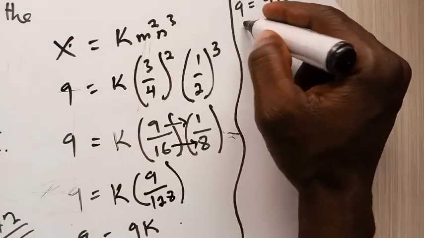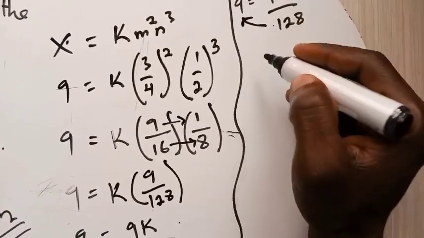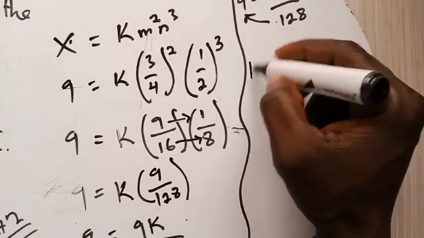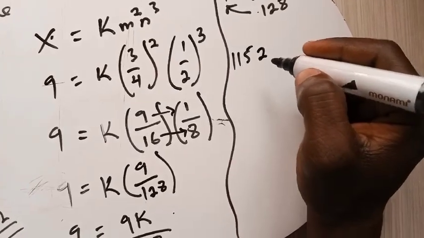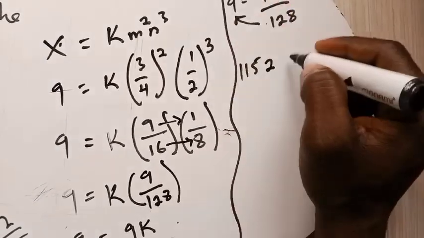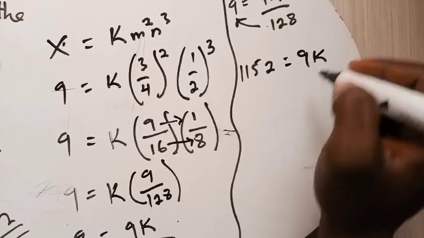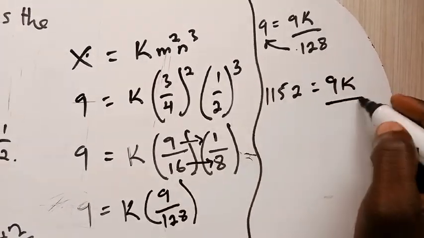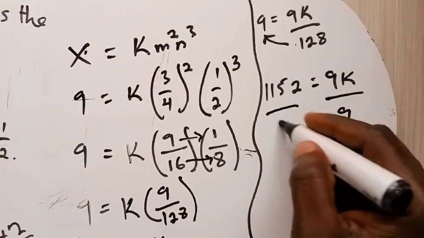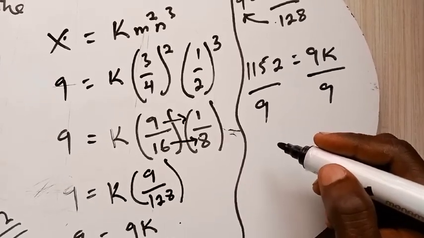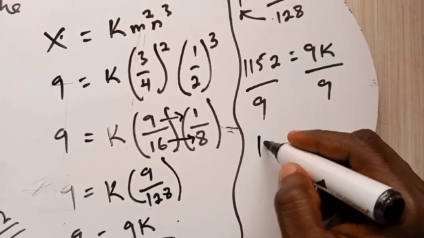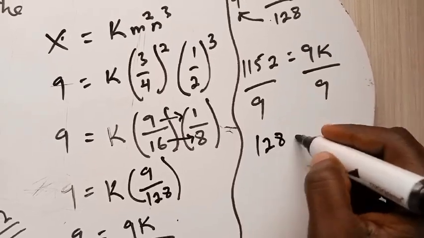So this must multiply this, and what I'm having is 1152. This multiplied by that is going to be equal to 9k. And then how do you solve for k here? You divide by 9 on both sides, and the value of k is going to be equal to 128.